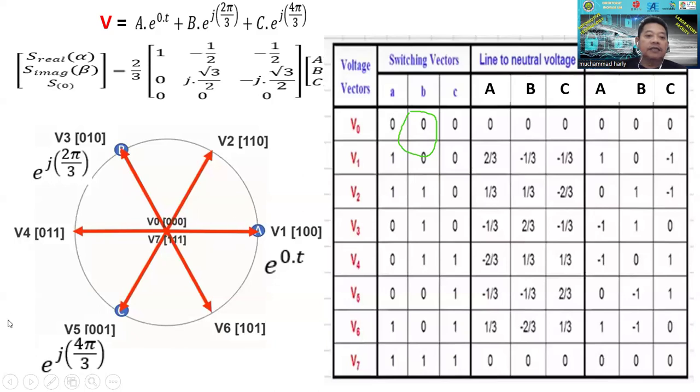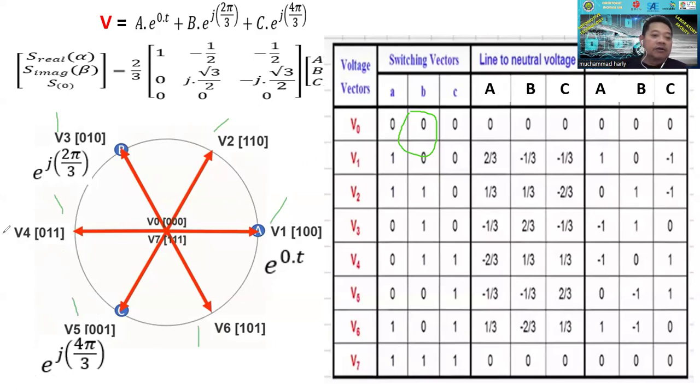Start from the V1, V2, V3, and so on. We have six positions of the vector, I think. We have the three positions of the vector starting from V1, V2, V3, and then V4, V5, V6, and then back to the V1.